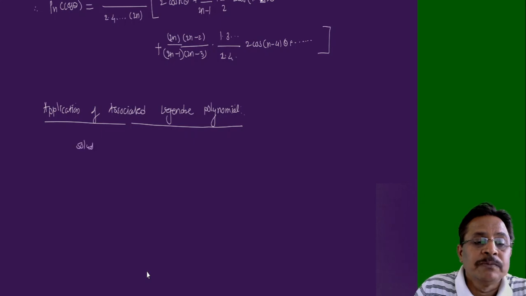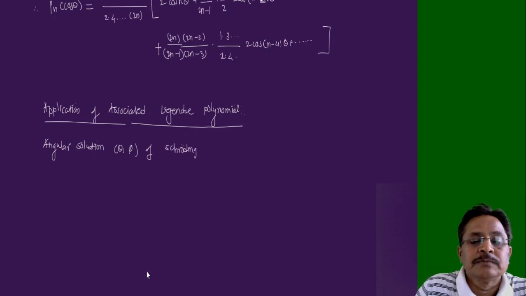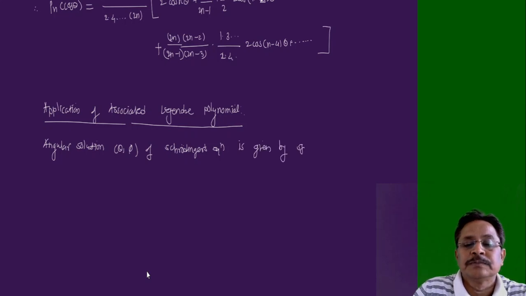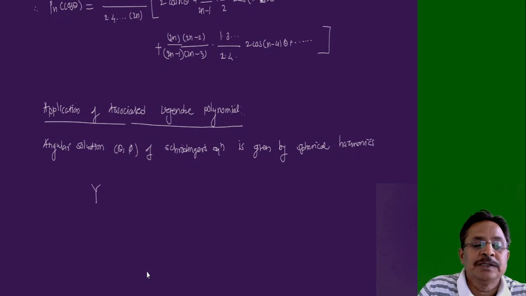The angular solution, that is the theta phi solution of the Schrodinger equation, is given by spherical harmonics. And that is what we have already written as an expression, Y_LM of theta and phi.